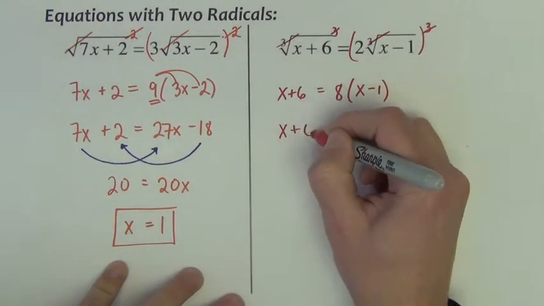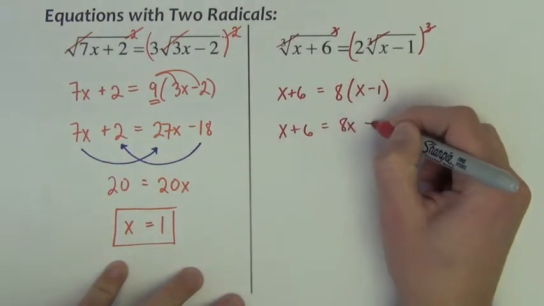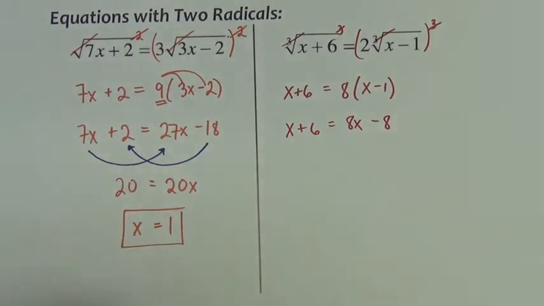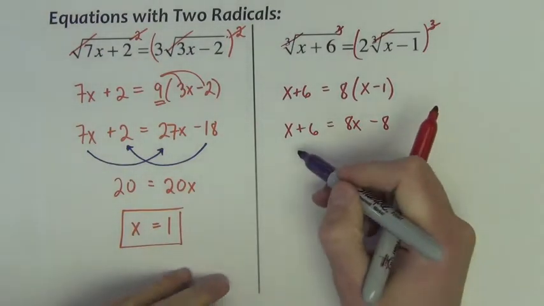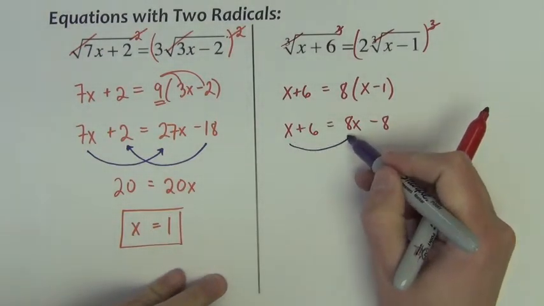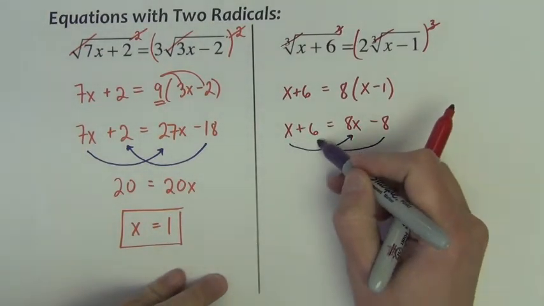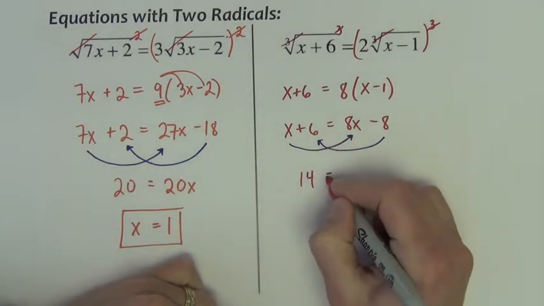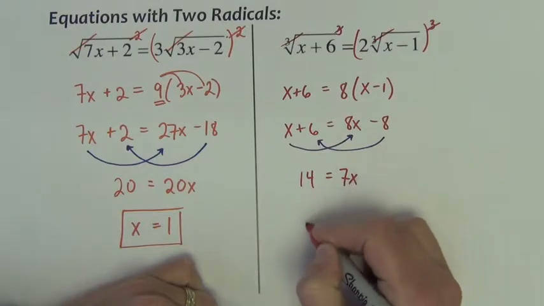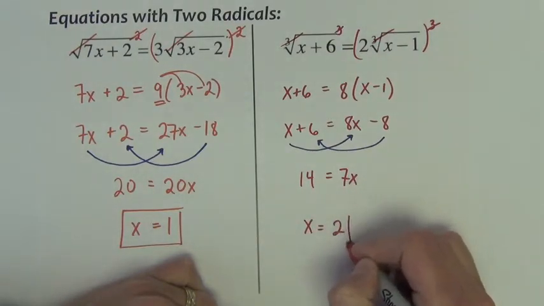So x plus 6 equals 8x minus 8. Because I like to keep the x's positive, I'm going to move this term here, and this one over here. So I've got 14 equals 7x, divide by 7, x equals 2.